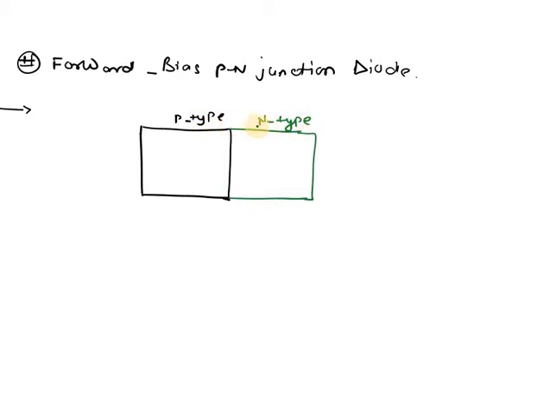So we have formed a PN junction diode. Now we have to connect it with the terminals. I am connecting the p-type semiconductor with the positive terminal and the n-type semiconductor with the negative terminal. So this is positive, this is negative. Such a combination is called a forward bias PN junction.